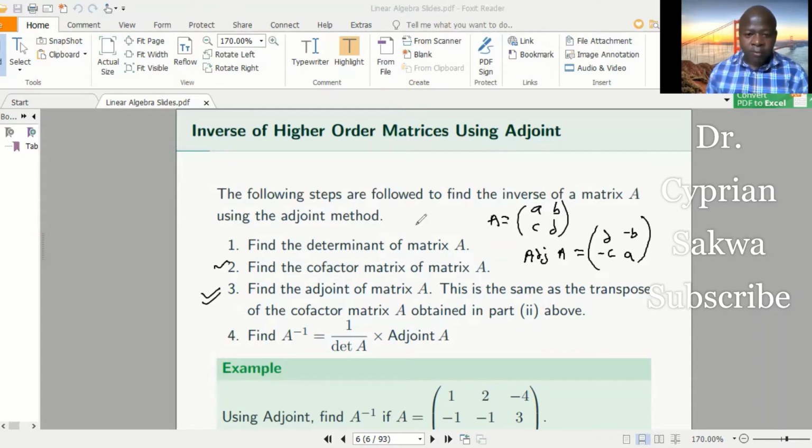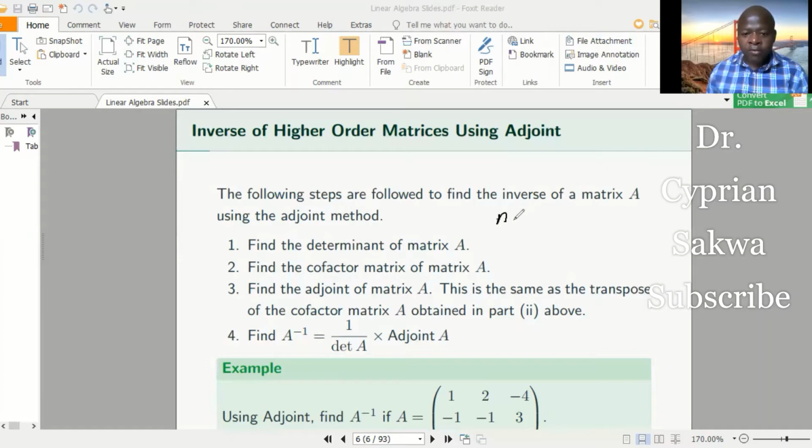Again, let me just remind you what the transpose is. The transpose of a matrix is the new matrix that you obtain when you make the rows become columns, or when you make columns become rows.